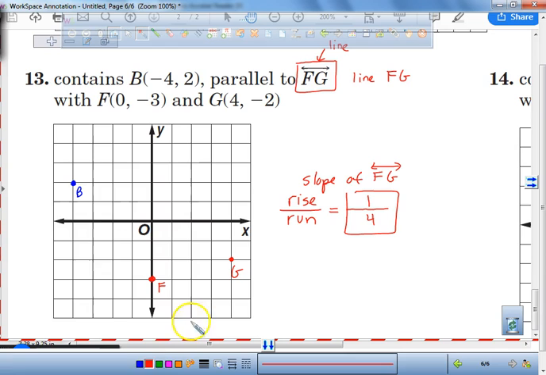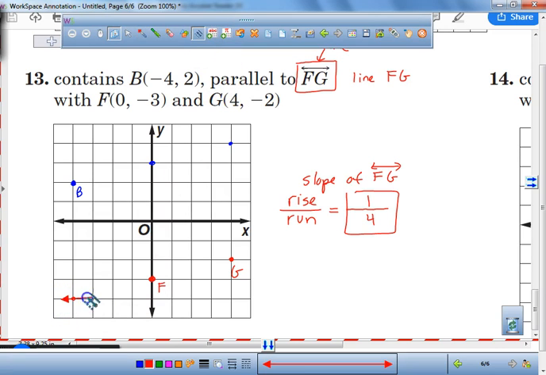So from right here, I still have to go up 1 and over 4. Here I'm going to go down 1 and over 4 to the left. I'm going to make a nice red line going through all of those points.